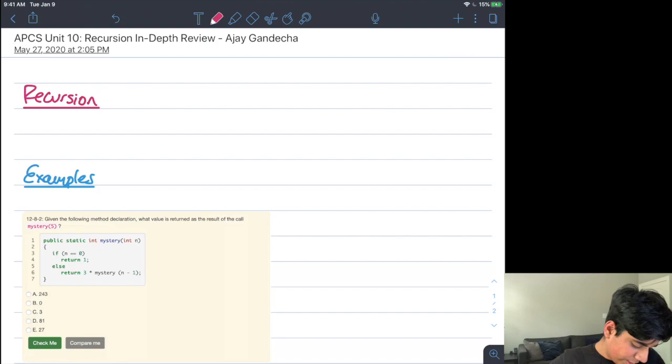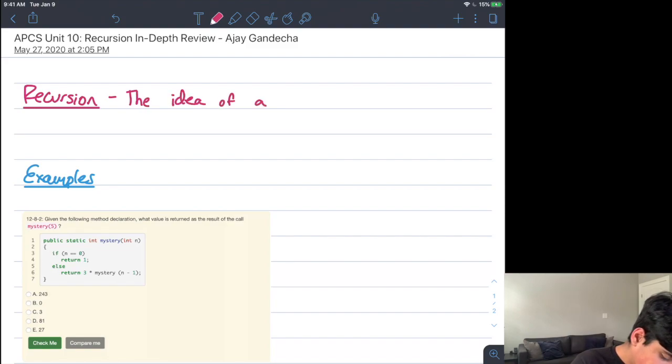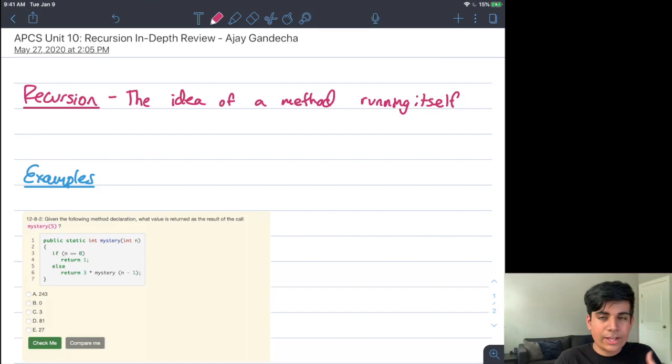All right, so looking over here, we have the word recursion. And if you're not familiar with recursion, you probably don't know what it even means. So recursion refers to the idea of a method running itself, or calling itself inside of itself.